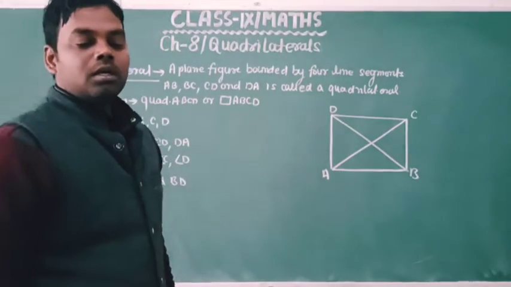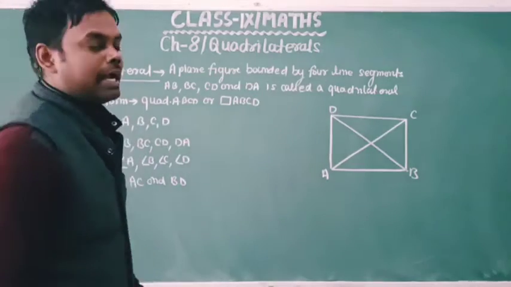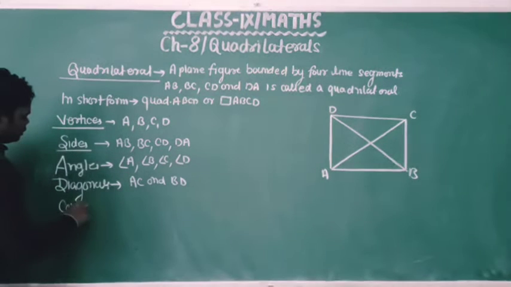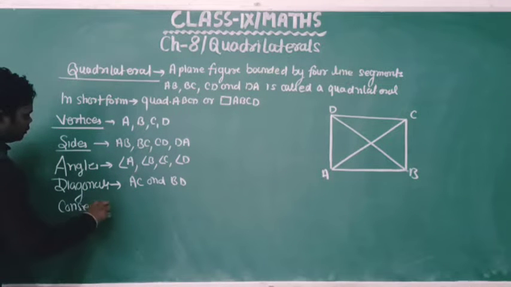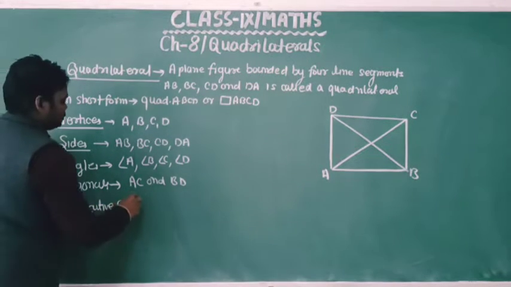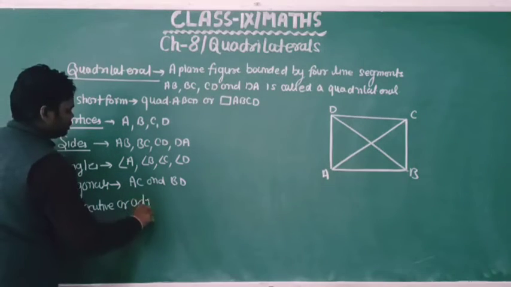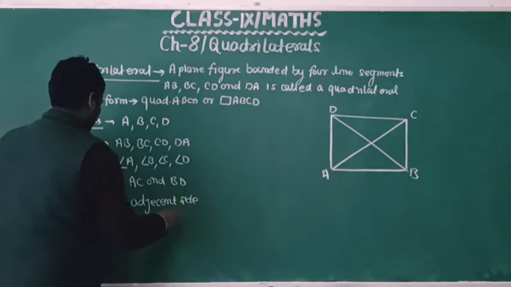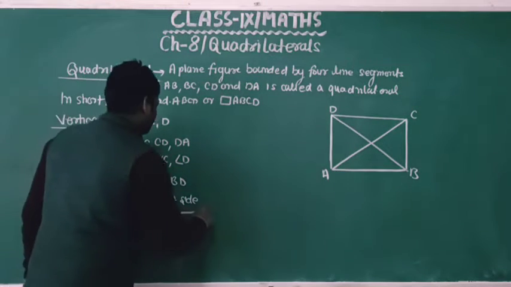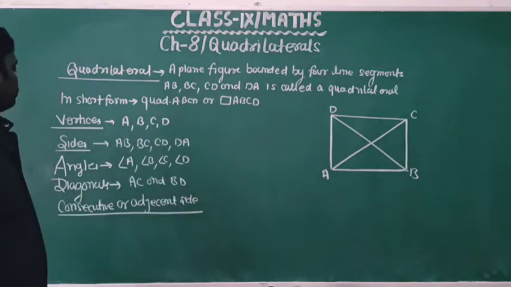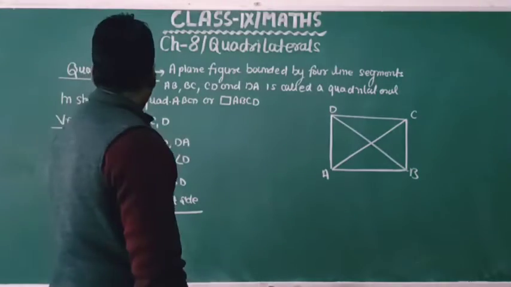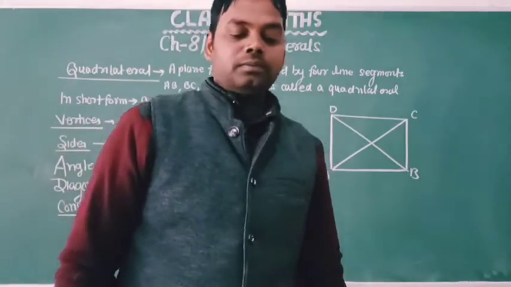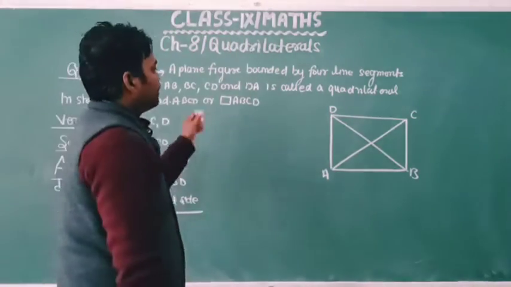Next, consecutive or adjacent sides. The next term related to quadrilateral is consecutive or adjacent sides.